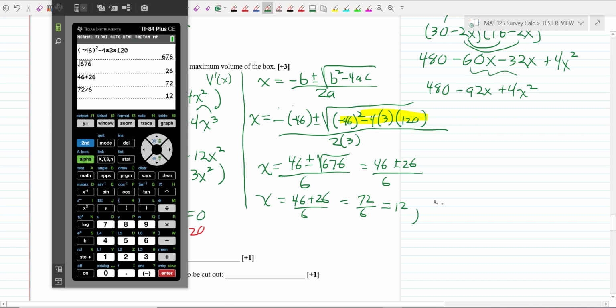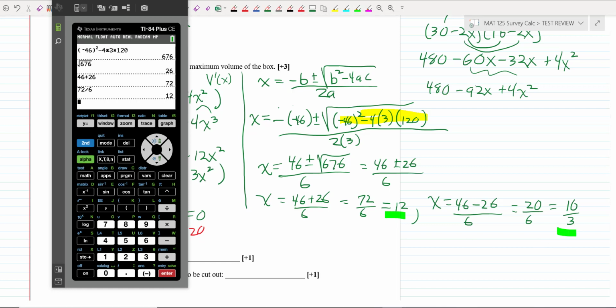And then we also need to do x equals 46 minus 26 over 6. That would be 20 over 6, and 20 over 6 you can divide by 2, so you get 10 thirds. So we basically have two critical values.